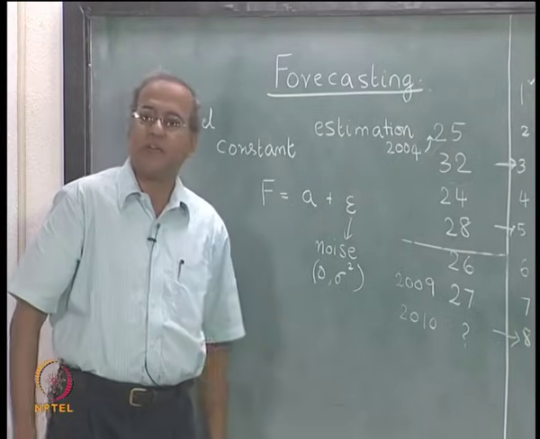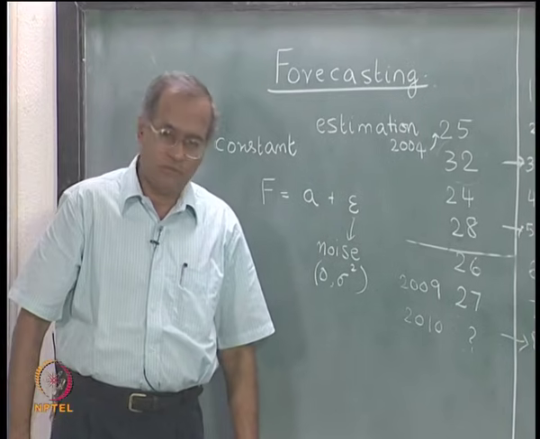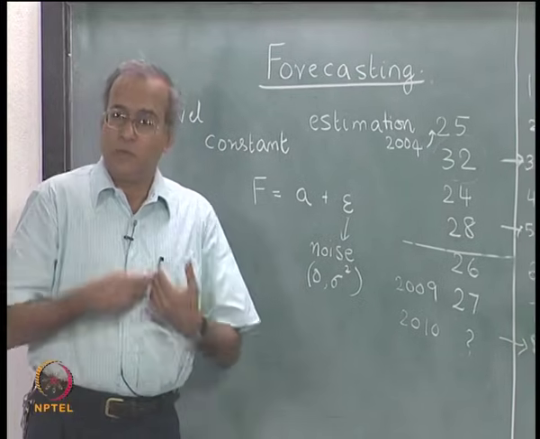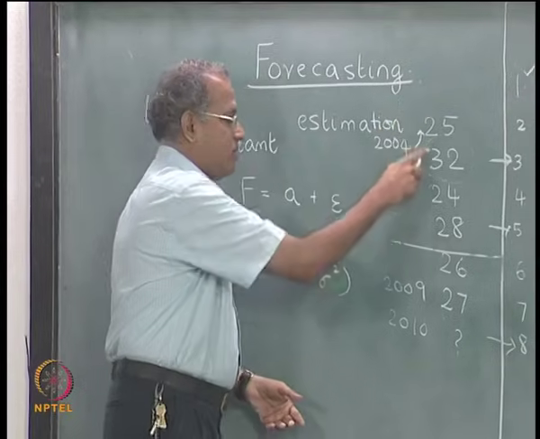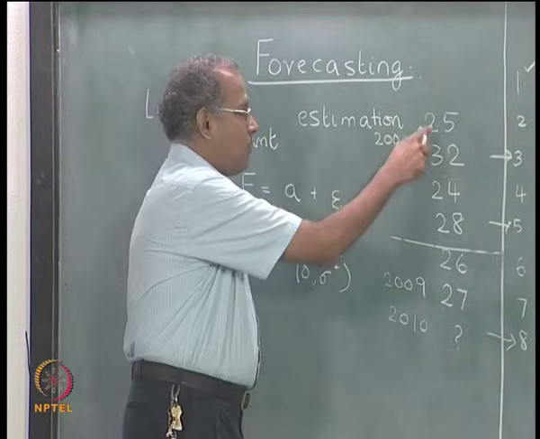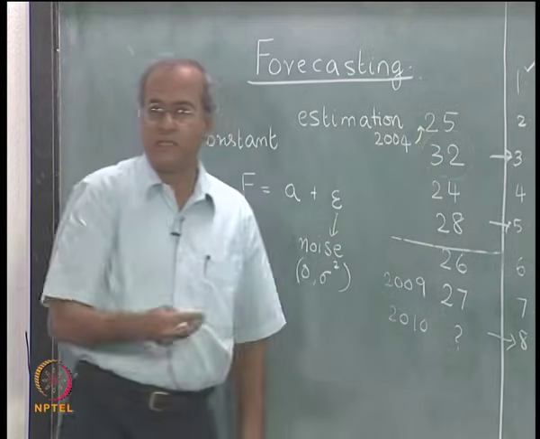The obvious disadvantage of a weighted forecast is how do we determine the weights. One person may want to give weights 1, 2, 3, 4, 5, 6. Another person may want to give weights 1, 1, 2, 2, 3, 3 and so on.